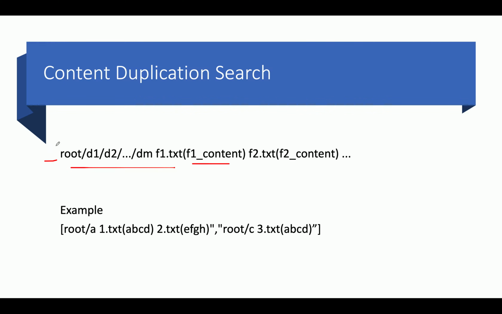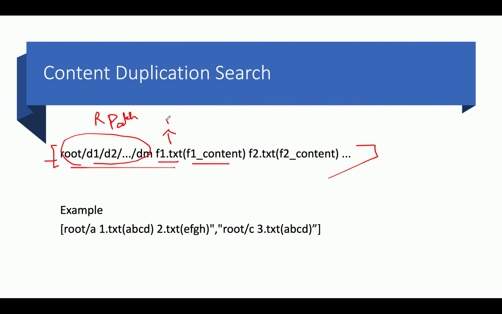So there is an array of such elements. First of all, understand this. The first part identifies the root path. So this is a root path, R path. And the second part of each entry in this array is the file name.